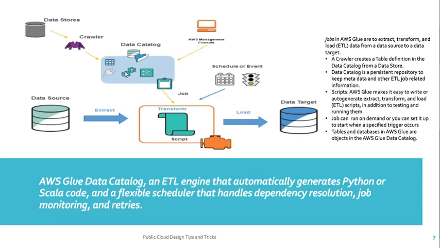Then the second step is that AWS Glue generates a script to transform the data. You can also provide your own script for this transformation part. It can automatically generate the script for you, and you can also provide your own script to run via the AWS management console.